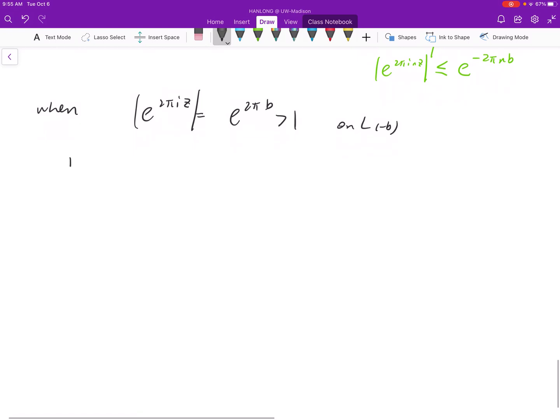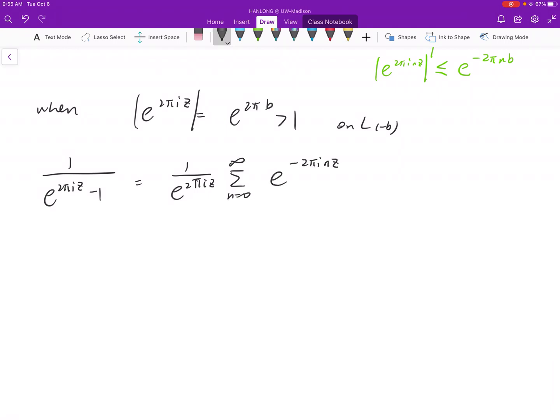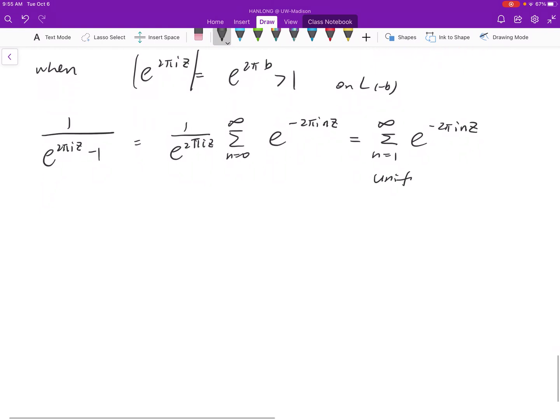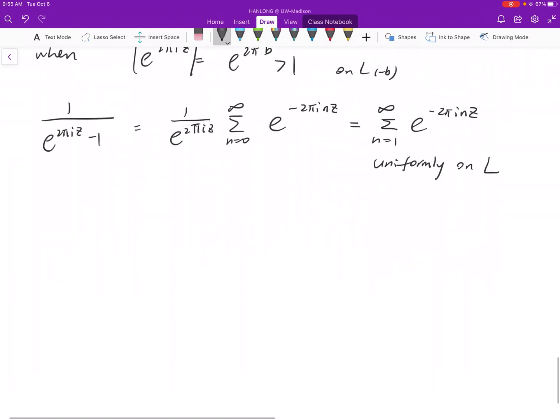Therefore, when you do the expansion, just like Laurent expansion, we need to first divide by e^{2πiz} and then do the expansion with the negative power. The convergence is also uniform on L_{-B}.